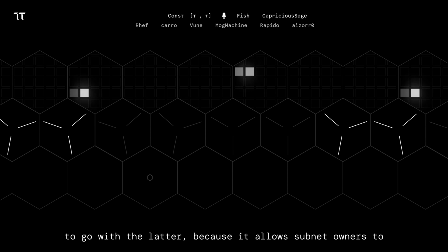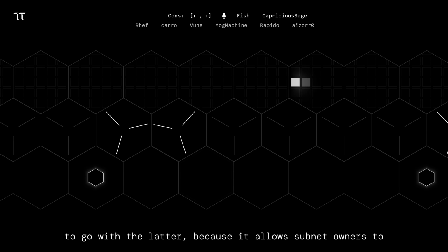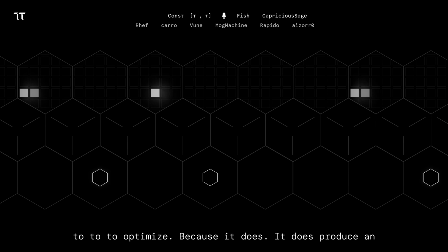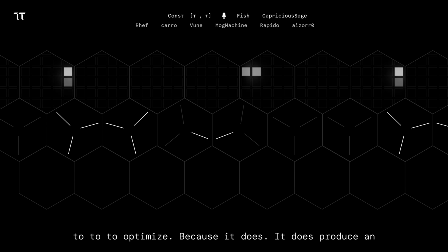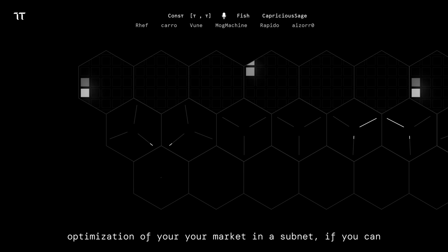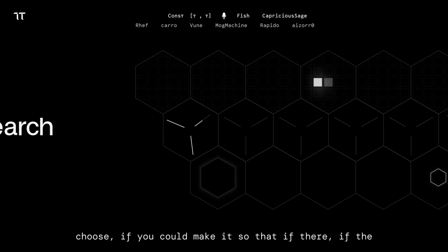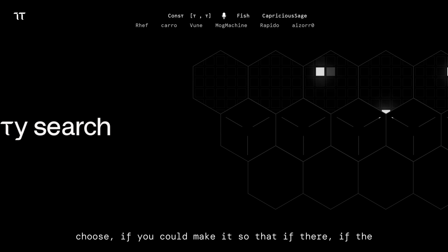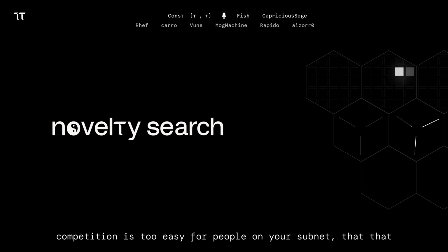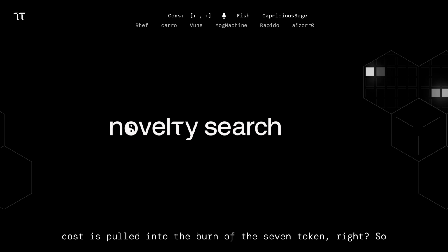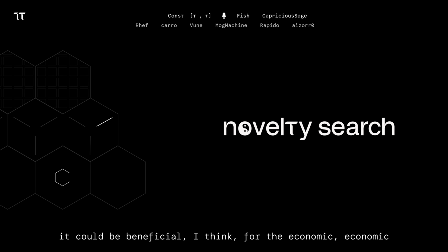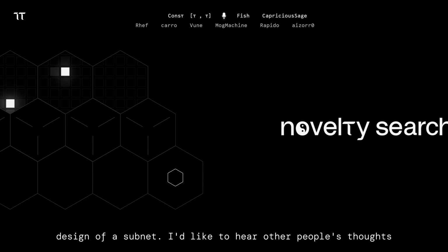We chose to go with the latter because it allows subnet owners to gauge that design in their favor if it's something they want to optimize, because it does produce an optimization of your market in a subnet. If the competition is too easy for people on your subnet, that cost is pulled into the burn of the subnet token, right? So it can be beneficial, I think, for the economic design of a subnet. I'd like to hear other people's thoughts on that.